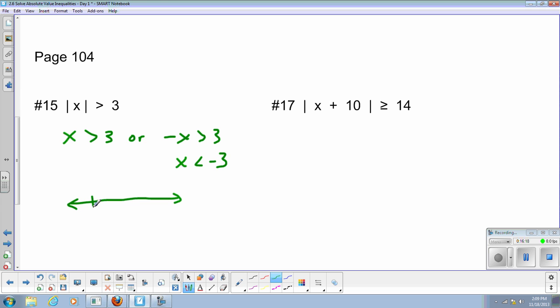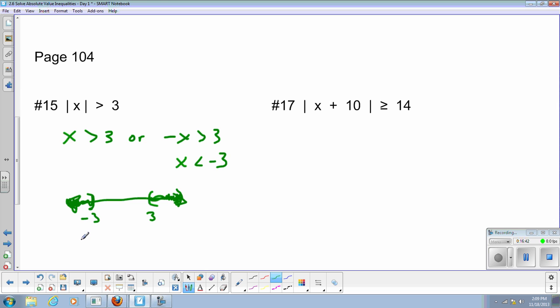Okay, so I have -3. I have +3. I'm going away from +3 with a parenthesis on this one. Shading to the right. Big old arrow shaded. -3 going left. Parenthesis. Shading left. And there we go.